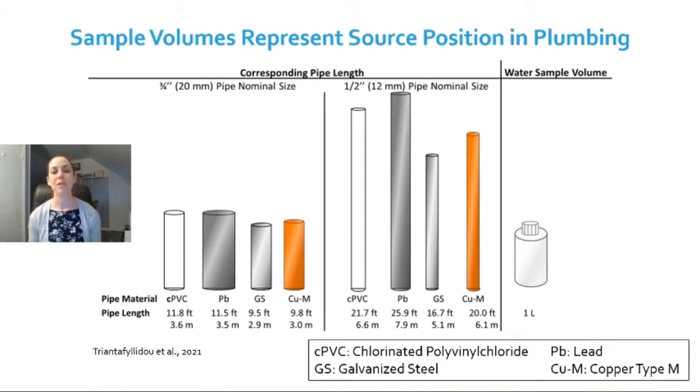So you're not going to be capturing any of the water that has sat stagnant there in your water meter, which was 15 feet away from the faucet that was being sampled. So it's really important to remember that the volume of water sitting within the various plumbing components is what it is that you're sampling in your sampling bottles.